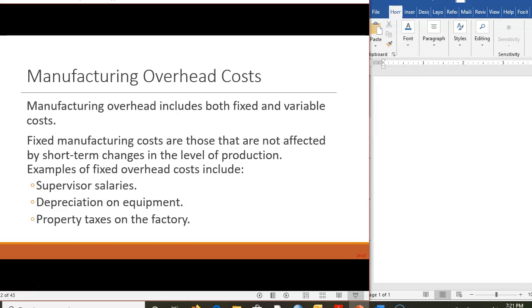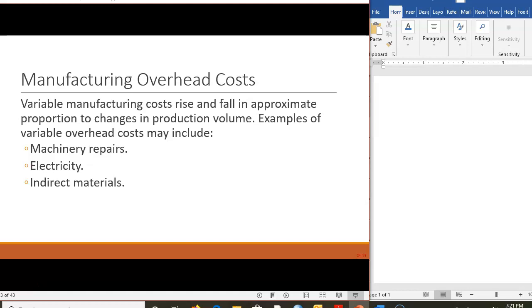We have fixed and variable overhead costs, so we'll separate it into fixed and variable overhead costs. We already know a lot about cost behavior from previous chapters. So we know that fixed manufacturing costs are not affected by short-term changes in the level of production. Within the relevant range of production, that is where fixed costs stay steady.